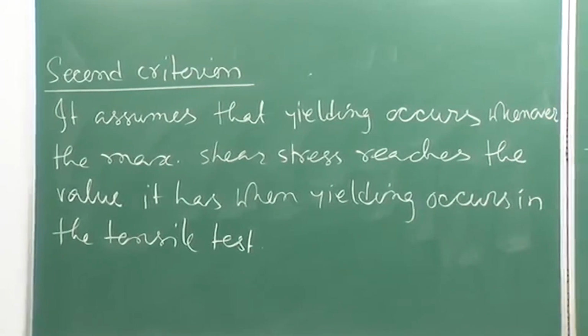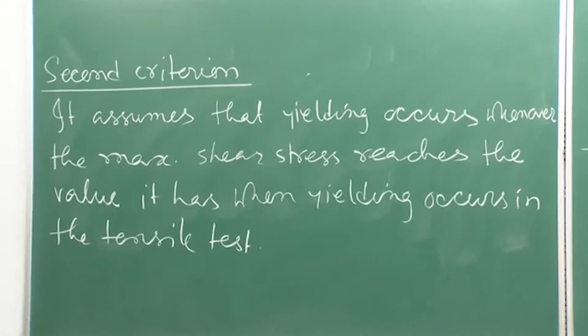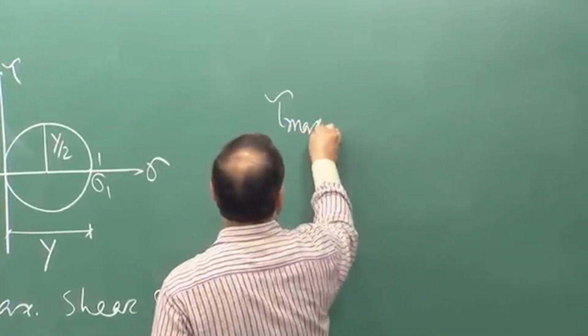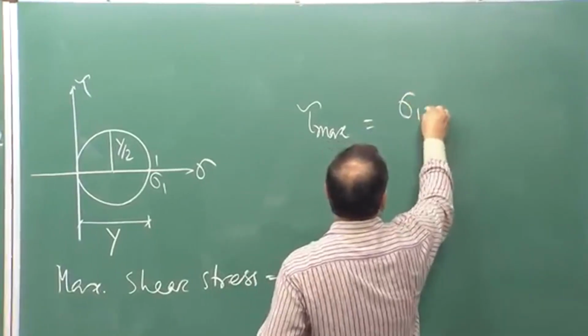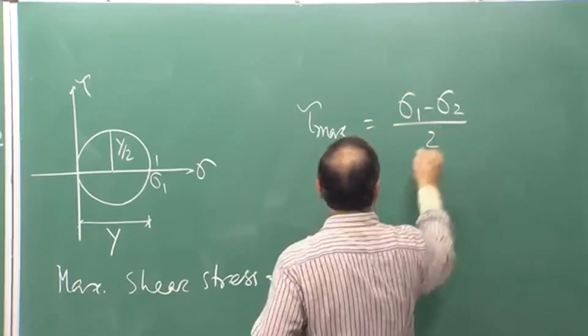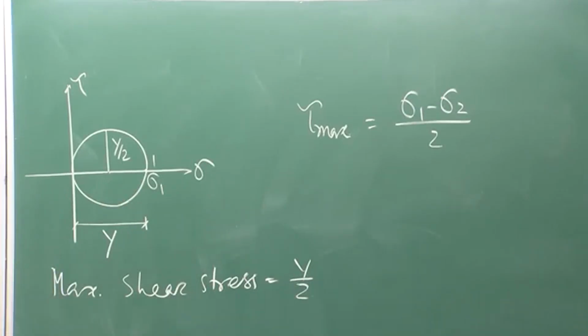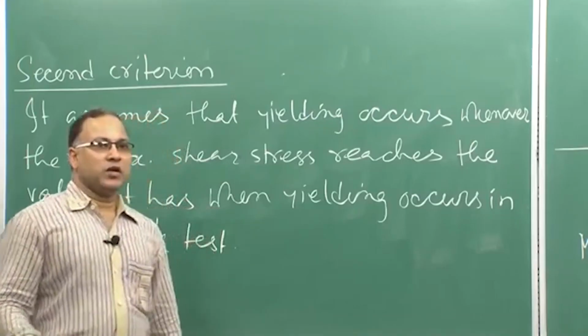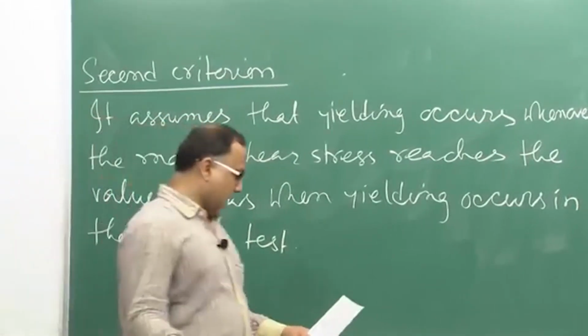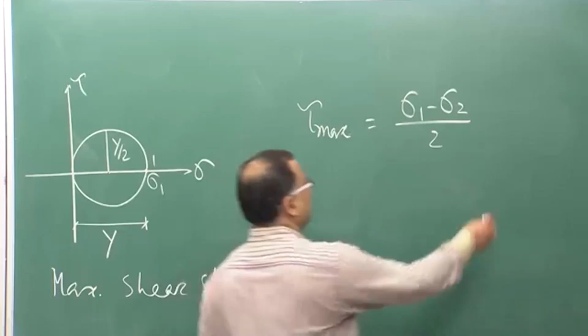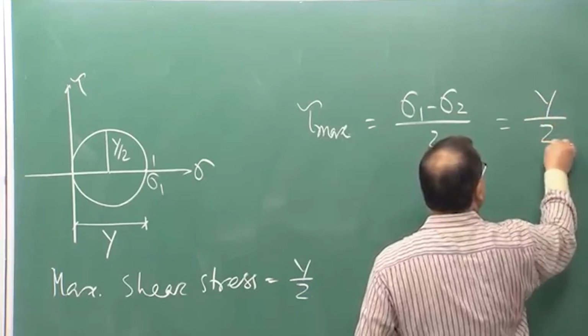So, if you have sigma 1 and sigma 2, your tau max is nothing but (sigma 1 minus sigma 2) by 2, that is the radius of the Mohr circle, agreed or not. Tau max will always be (sigma 1 minus sigma 2) by 2 and that is equal to sigma y by 2.